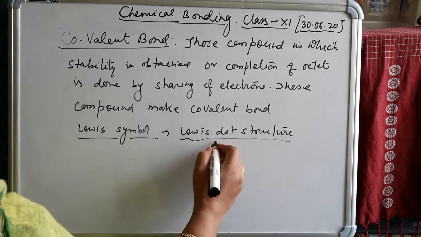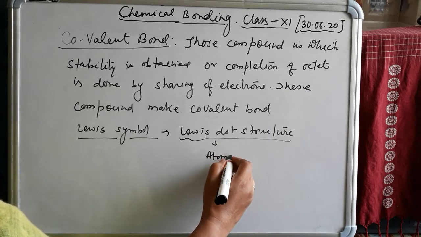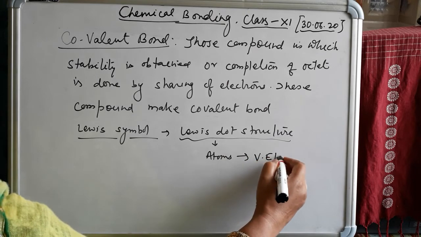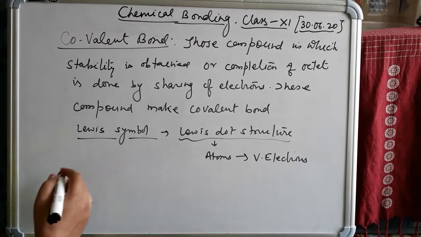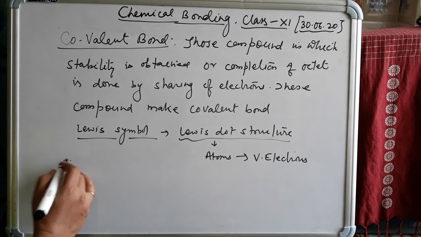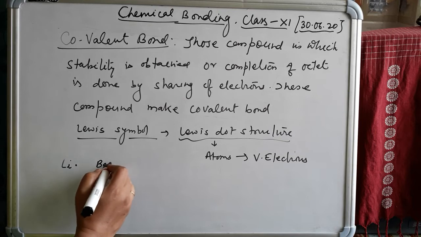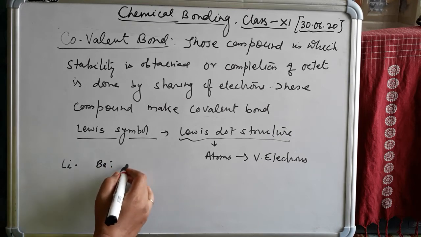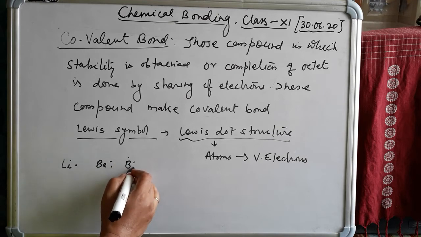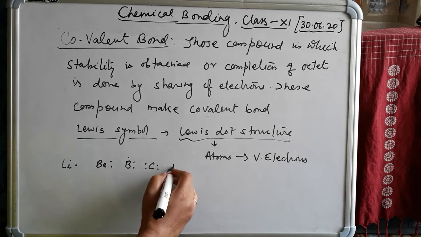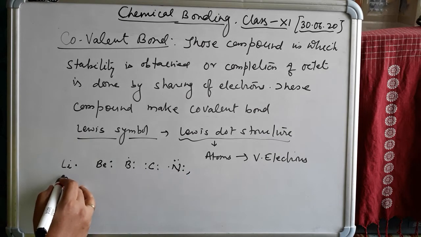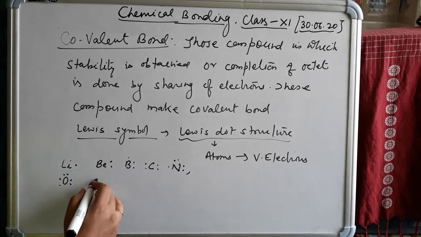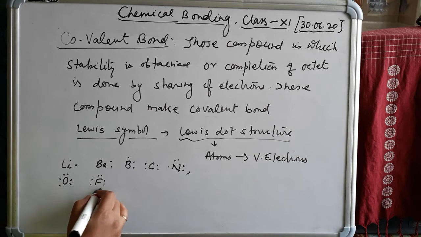For writing the Lewis dot structure, we should first write the name of the atom and its valence electrons. For example, for lithium, beryllium, boron, carbon, nitrogen, oxygen, fluorine and neon.